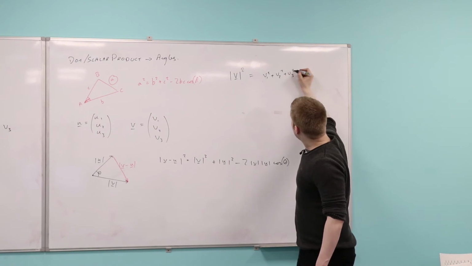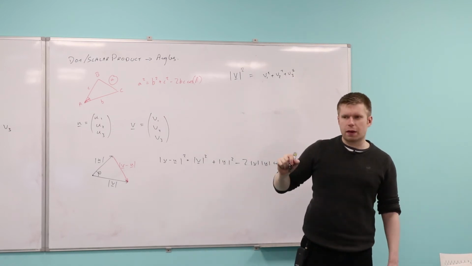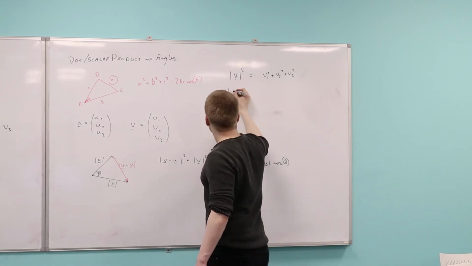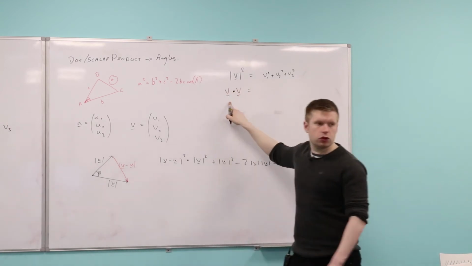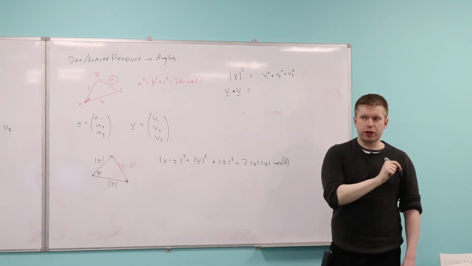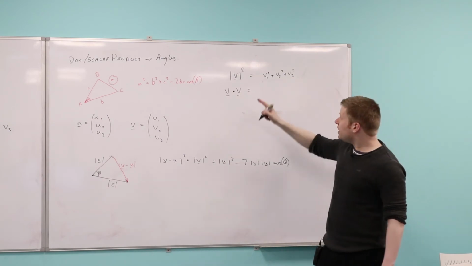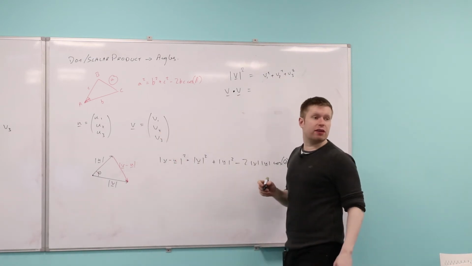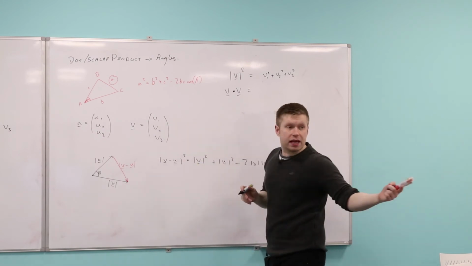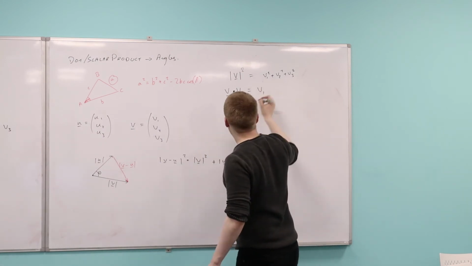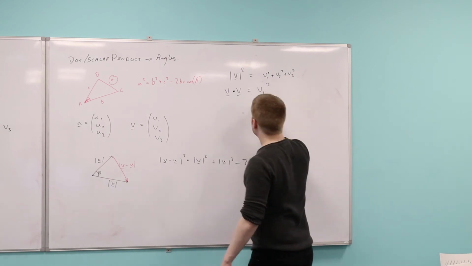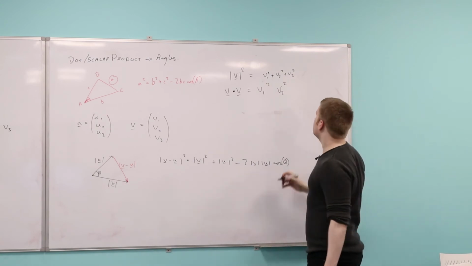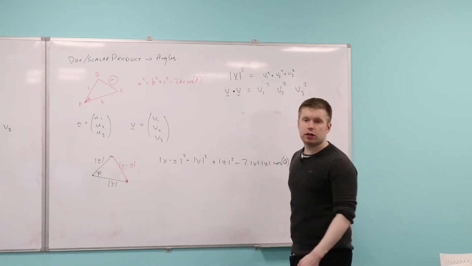Now think about it. This looks very close to something we're already familiar with. For example, if I asked you to find the dot product of v with itself, what would this be equal to? It would be exactly equal to that, because the dot product simply says multiply the first elements together. So I take v1 multiplied by v1, or v1 squared, then v2 multiplied by v2, or v2 squared, and then v3 multiplied by v3, which is v3 squared.